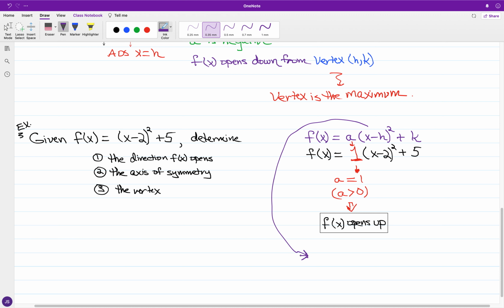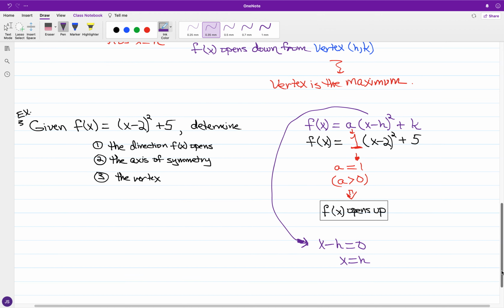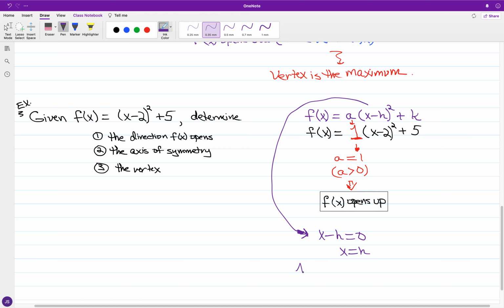Now we're not using the zero product property per se, but envision this like taking the expression with the x in the parentheses and setting that equal to 0. So if you take x minus h, set equal to 0, you have x is equal to h. And so you have the axis of symmetry, which we're going to have at x is equal to h.